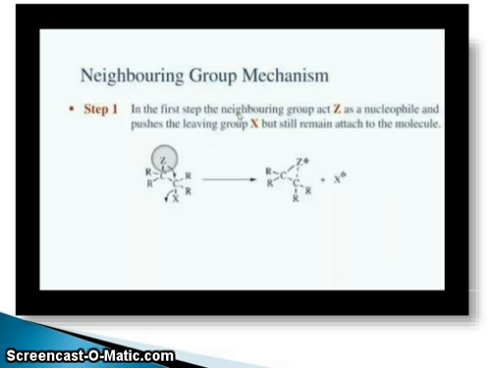Friends, you can see the neighboring group mechanism in step 1. In the first step, the neighboring group Z acts as a nucleophile and pushes out the leaving group X, but still remains attached to the molecule, so there is the formation of a three-member ring.